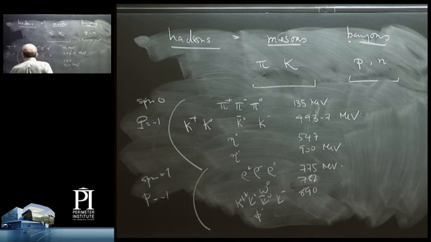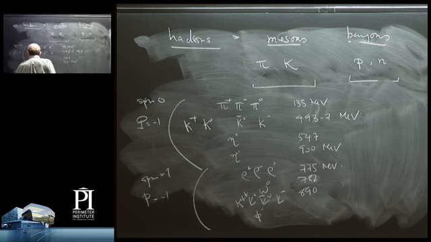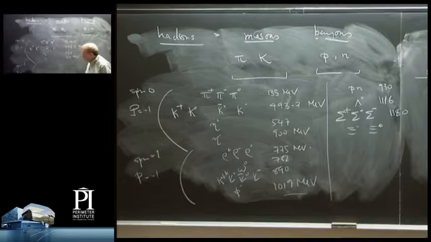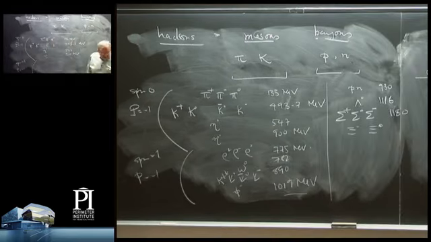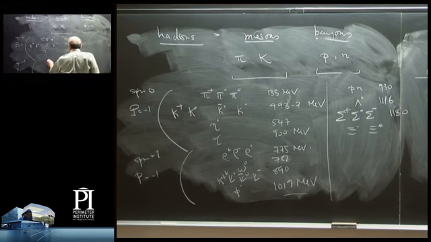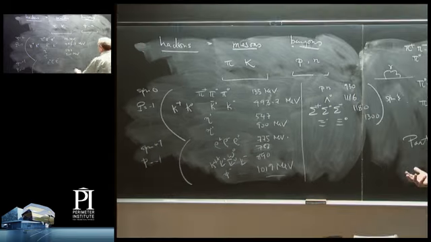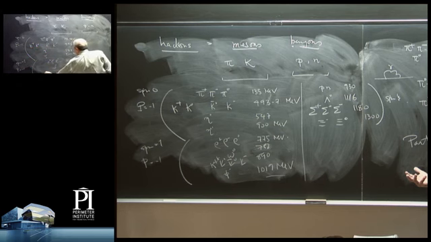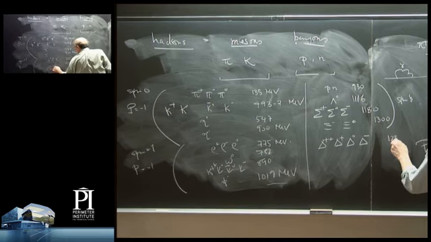Then there's another group of particles with spin 1 and odd parity. Again, 9 of them. Rho plus, rho minus, and rho 0 with a mass of something like 770 or 775 MeV. A particle called omega, very close at 782. A multiplet of particles called K star, 4 particles, which are 2 particle-antiparticle pairs.